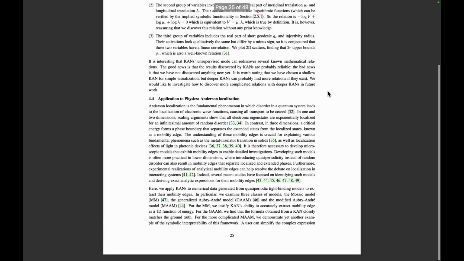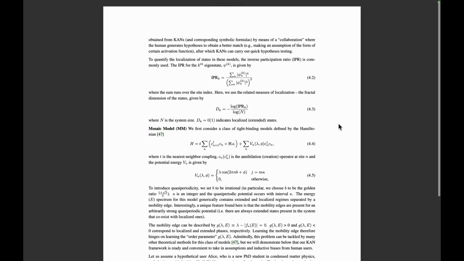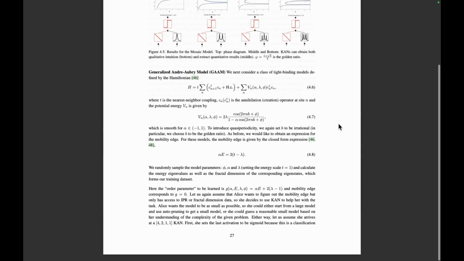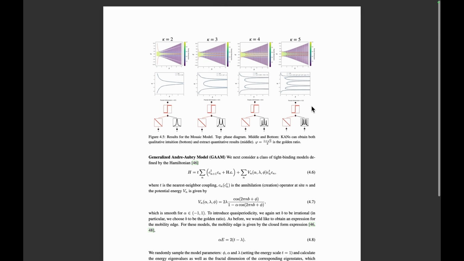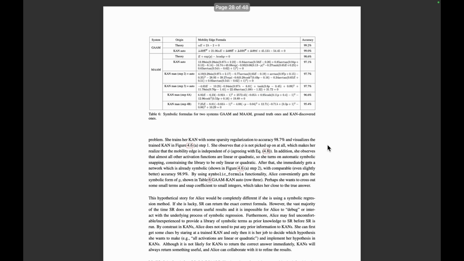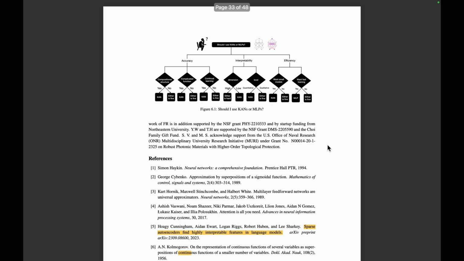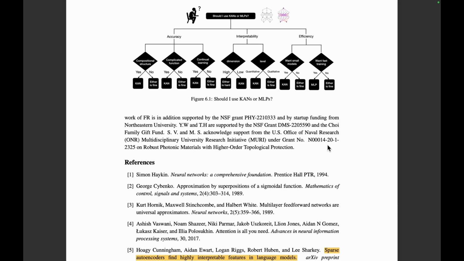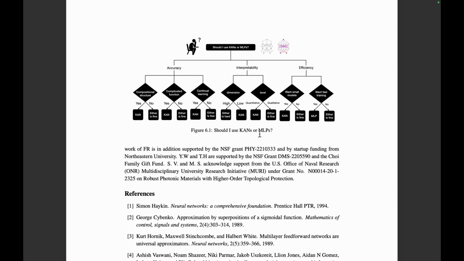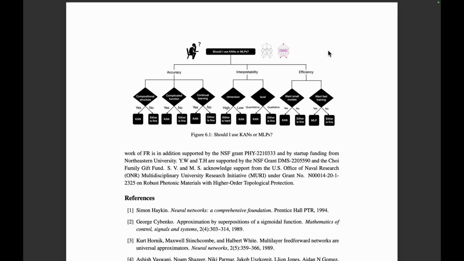So one is the application to physics, which is Anderson localization, whatever that means. But they've done quite a few extensive experiments to show that KANs perform way better, or at least comparably, compared to MLPs. So they've also given a comparison which shows when we should choose to use KAN versus when we should choose to use MLPs.